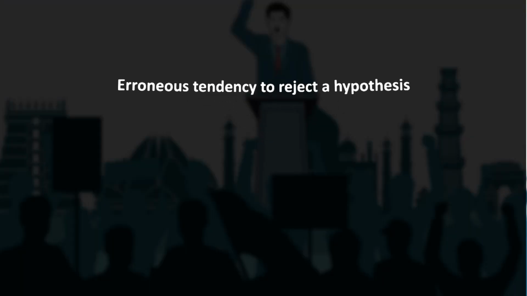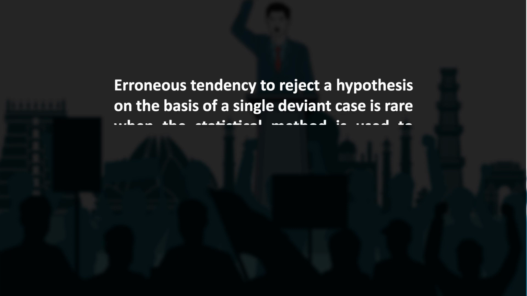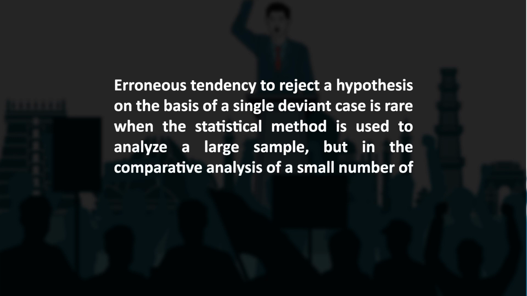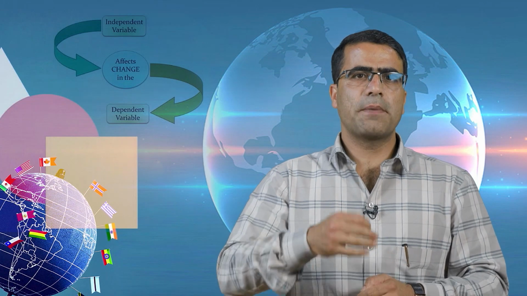The erroneous tendency to reject a hypothesis on the basis of a single deviant case is rare when the statistical method is used to analyze a large sample, but in the comparative analysis of a smaller number of cases, even a single deviant finding tends to loom large. One or two deviant cases obviously constitute a much less serious problem in a statistical analysis of many cases than in a comparative study of only a few cases, perhaps less than 10 cases.